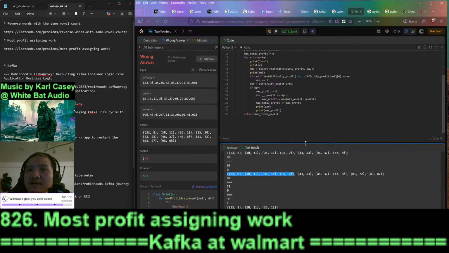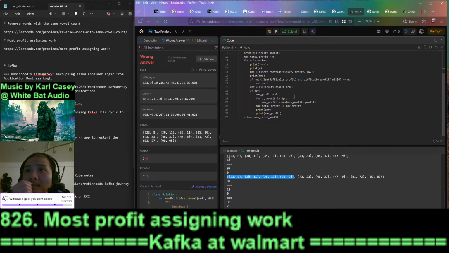Right, okay. This is one part that is wrong. So we want to find 35 with 0, 1, 2, 3, right? So it keeps 2 here. So something is not right.